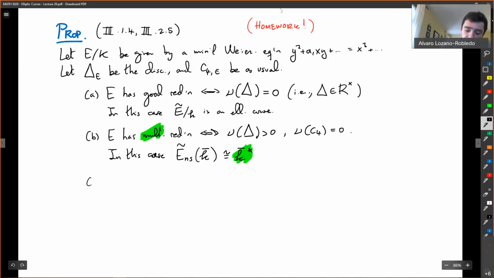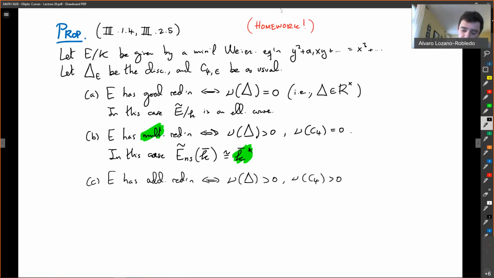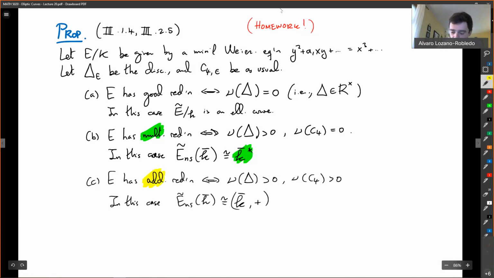And C, E has additive reduction when both the discriminant vanishes and C4 vanishes. In this case, the reduction is isomorphic to the additive subgroup of K bar, which again justifies the notation additive.